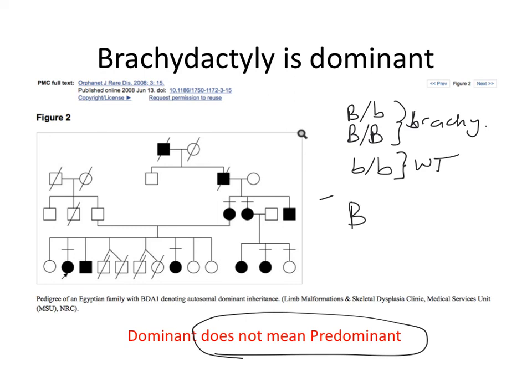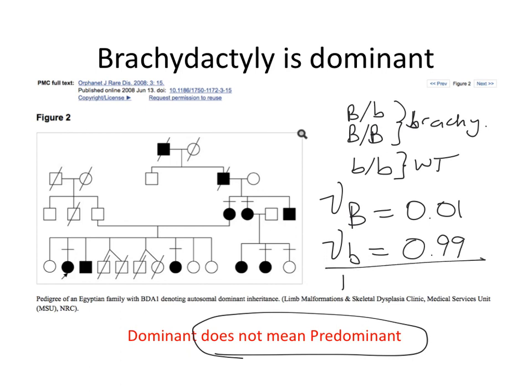But if the frequency of capital B is, in this room, 0, let's say it's 0.01, let's say one individual in 100 has a brachydactyly allele, then what's the frequency of the little b's? 0.99, because frequencies have to add to 1.